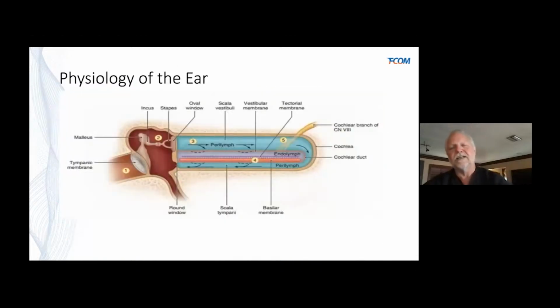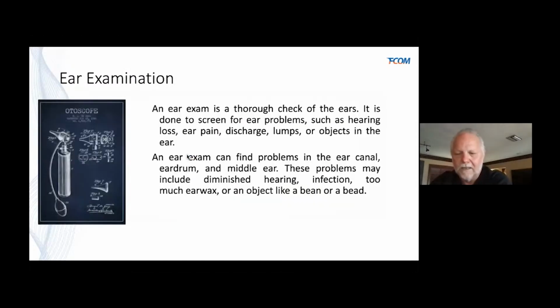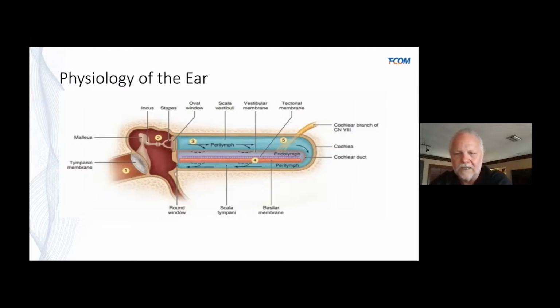The physiology of pars inferior, or the cochlea, very briefly summarized in this slide, shows again that there is a lever action as well as a ratio of surface areas. Not very accurate in this drawing, but it's approximately 20:1, the surface area of the tympanic membrane to the surface area of the stapes footplate. And that gives us enough advantage to set in motion the much denser perilymph and endolymph of the cochlea.